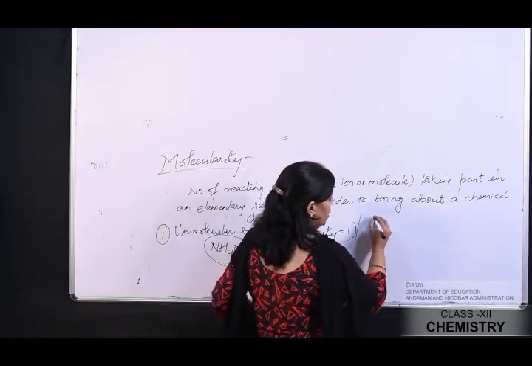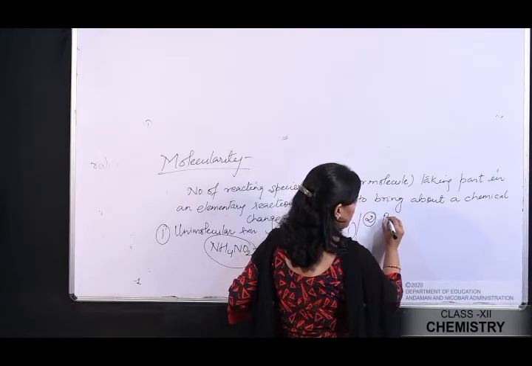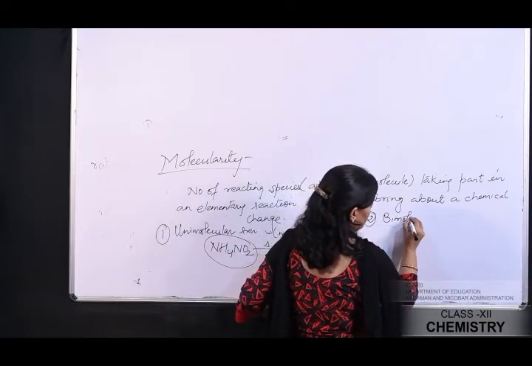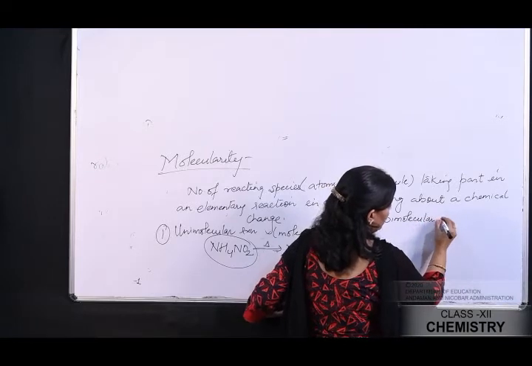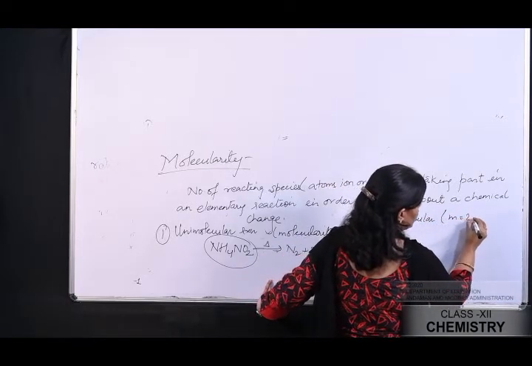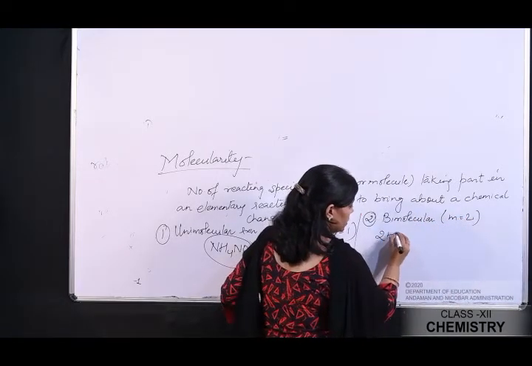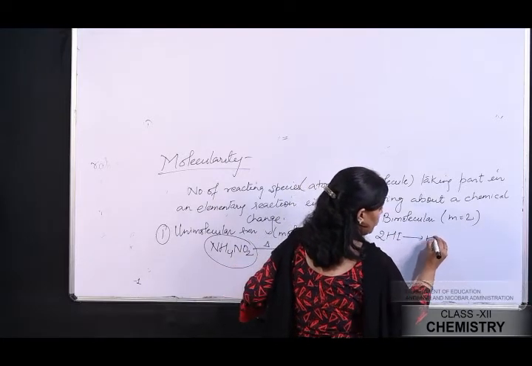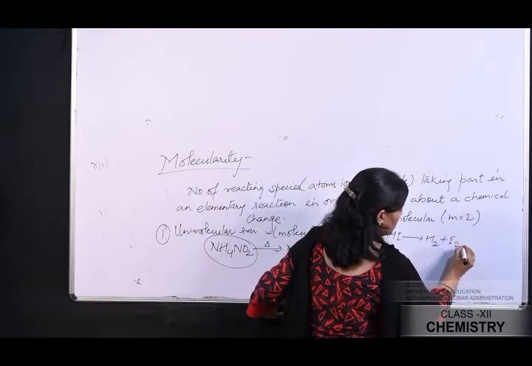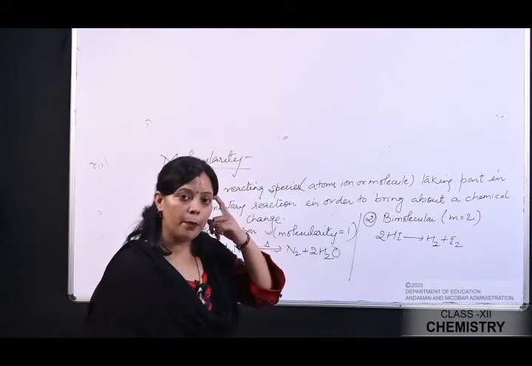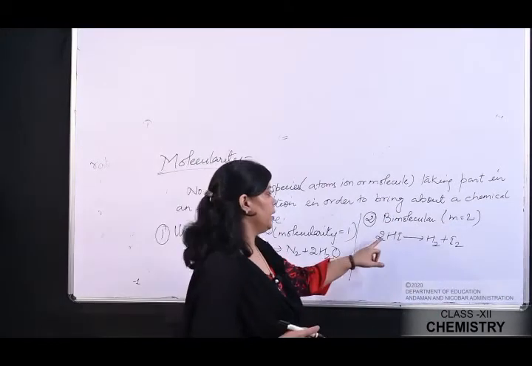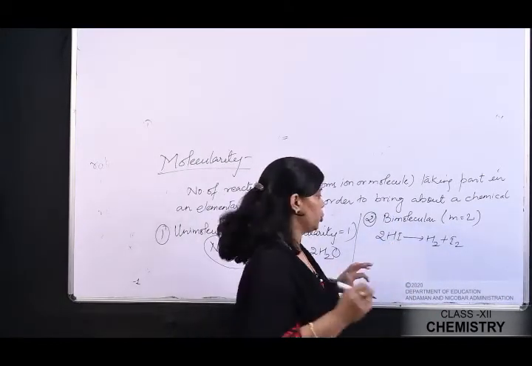Secondly, another reaction is named bimolecular, when the molecularity is 2. The example is the thermal decomposition of hydrogen iodide to give hydrogen and iodine. This is the example of a bimolecular reaction. Here the number of reacting species is 2.